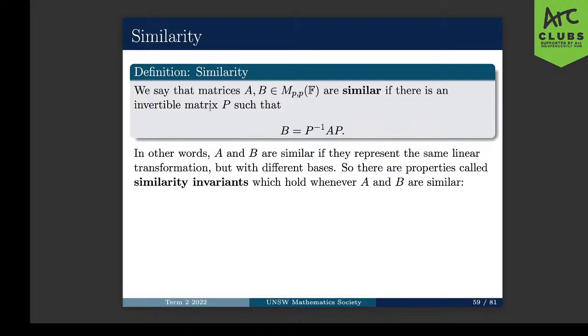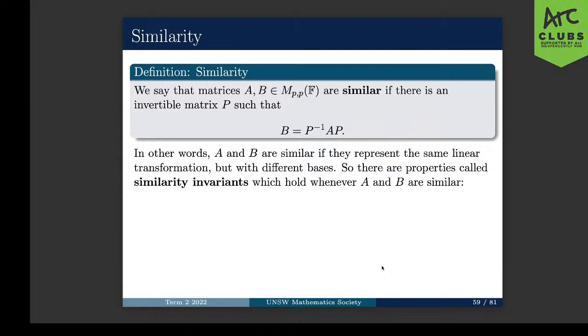We say that matrices A, B in the p by p matrix space over some field are similar if there's an invertible matrix P so that B is P inverse AP. This actually represents that A and B are similar if they represent the same linear transformation but with different bases.